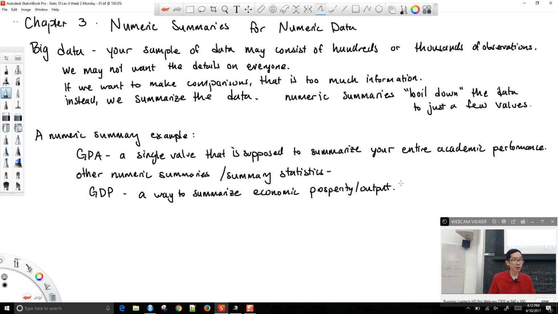right? If you're into sports, it is filled with numeric summaries. If you watch baseball, they have batting average, on base percentage, slugging percentage, on base plus slugging, all of these things. Basketball, you have shooting percentage, field goal percentage, free throw percentage, 3-point percentage, rebounds per game, all of these things.